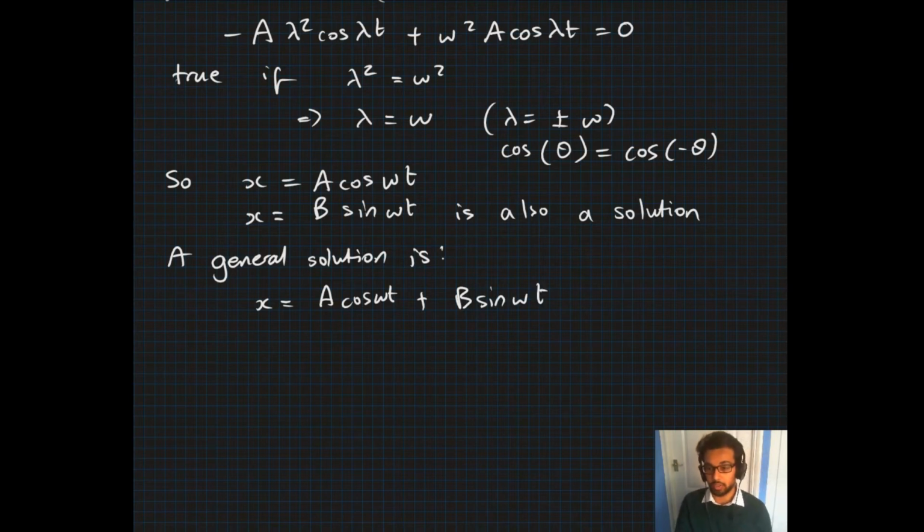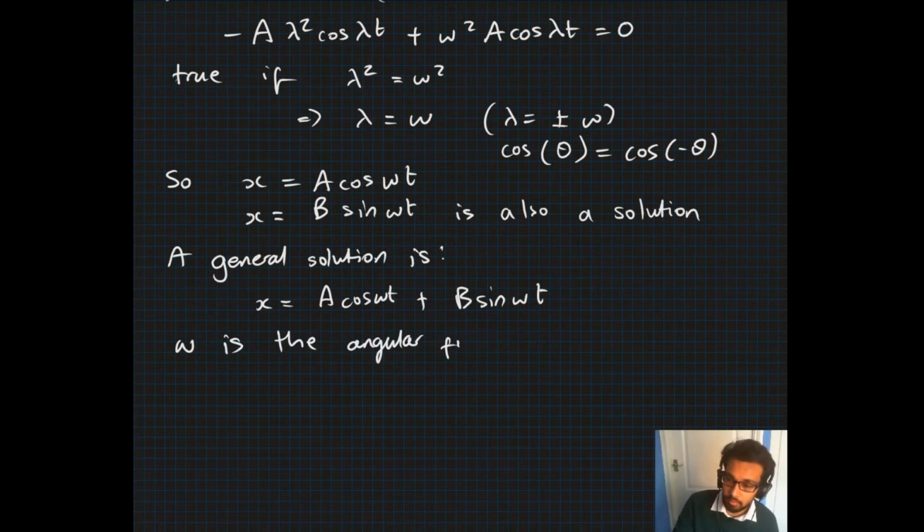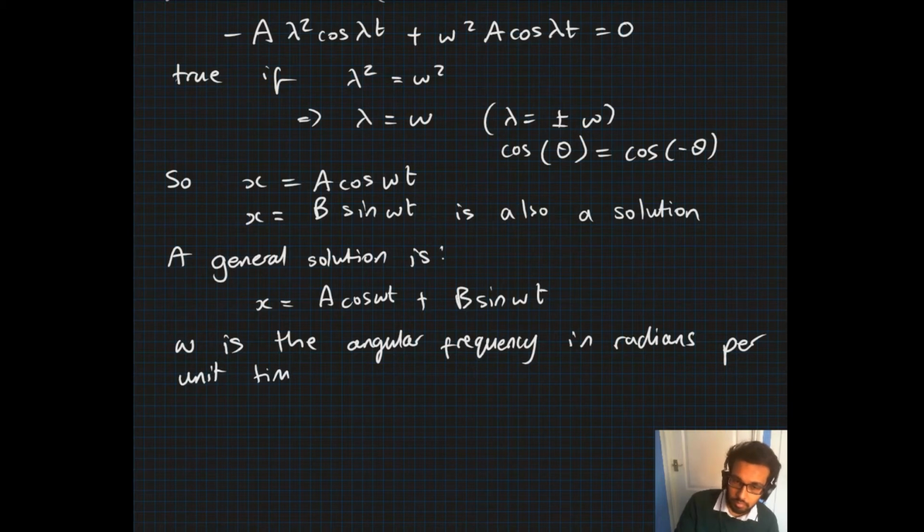Okay, and this is the general solution of the simple harmonic equation, where omega, which we defined earlier as root k over m, is the angular frequency in radians per unit time, and we can get from this angular frequency the frequency and the period.